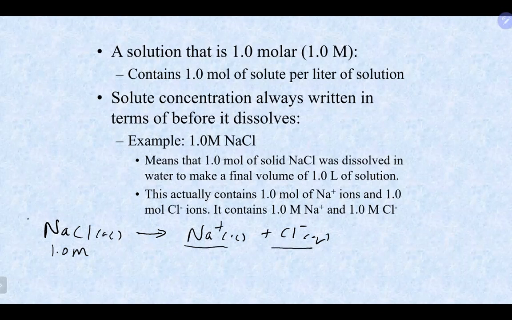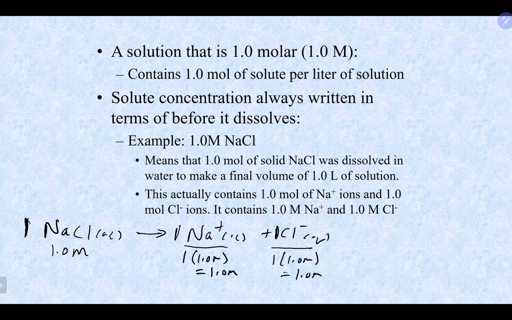It is like stoichiometry. It is a 1-to-1 relationship between these two, which means if you wanted the concentration of just the sodium ions floating around in that solution, it would be 1 times 1 molar, which means it would also be 1 molar of sodium ions. Same thing here. It is a 1-to-1 relationship between the whole thing and chloride, which means you take 1 times 1 molar, and you will get 1 molar chloride ions.